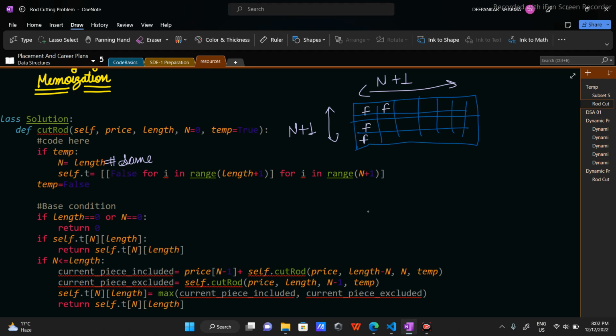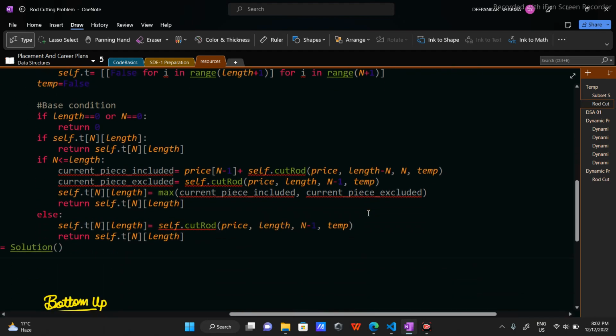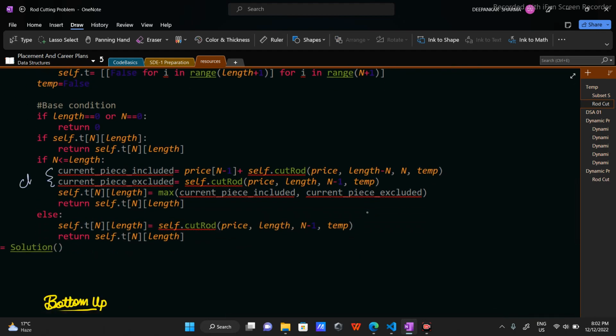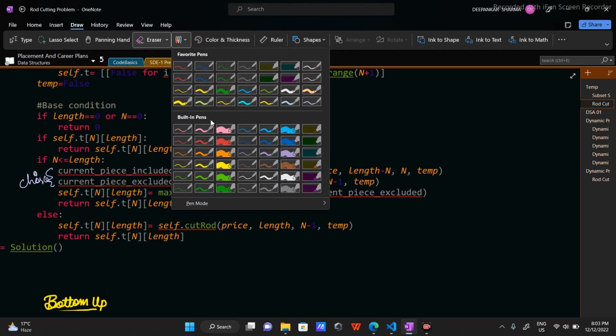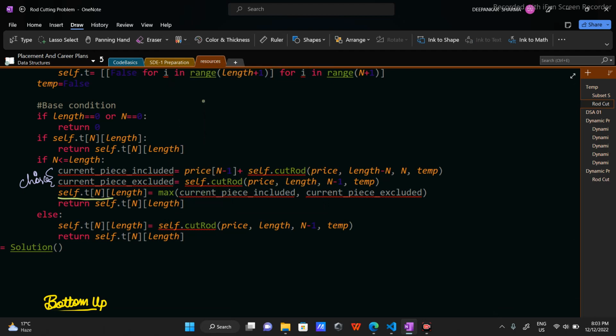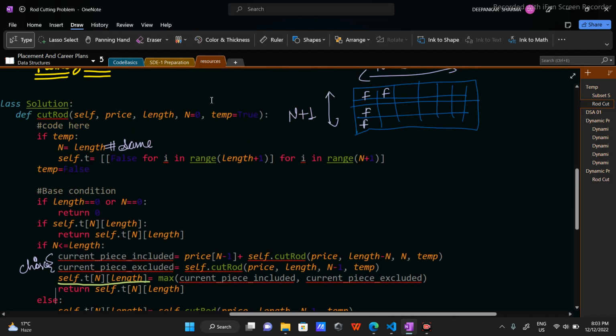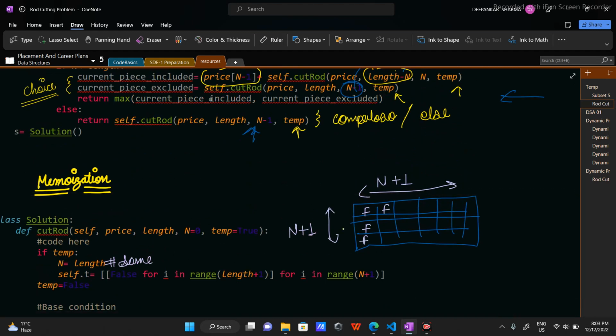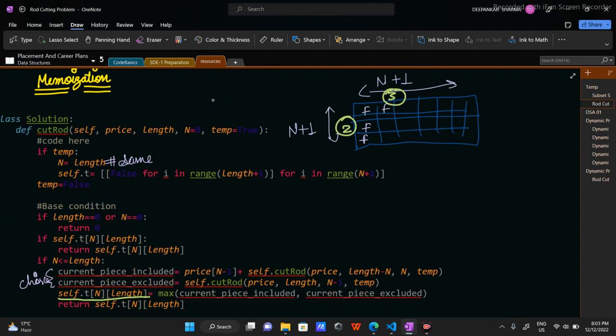Okay, and what we will do when we are getting this choice is save these values in the matrix. I'll save the value of this node in my matrix. Suppose for here, this column is 0, 1, 2, and 3. What this means is, for the length of 3, actually this is 2, right?